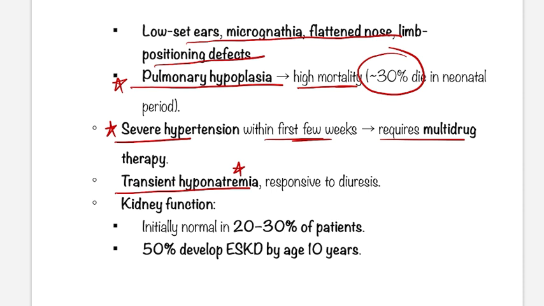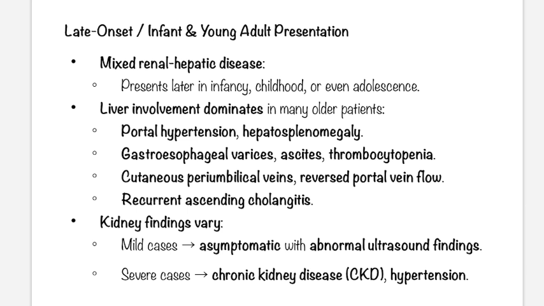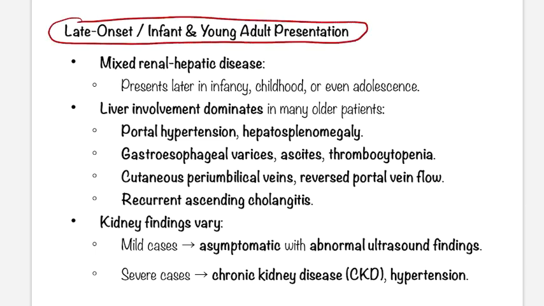So which electrolyte abnormality is seen in autosomal recessive polycystic kidney disease? It is transient hyponatremia. Kidney functions are normal in 20 to 30% of patients, but 50% of patients with end-stage kidney disease develop kidney function deterioration. If this is not a neonatal presentation, some patients present late, in infancy or as young adults. It may be mixed renal hepatic disease presenting in infancy, childhood, even adolescence.